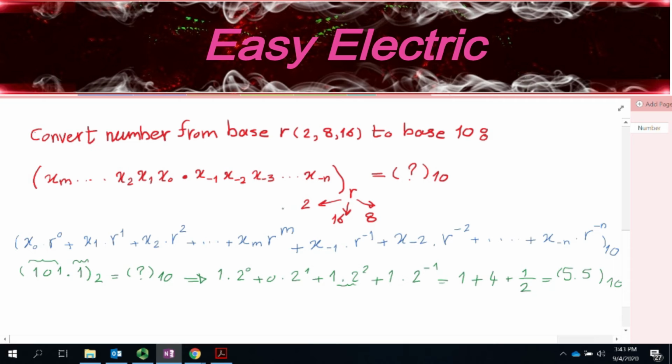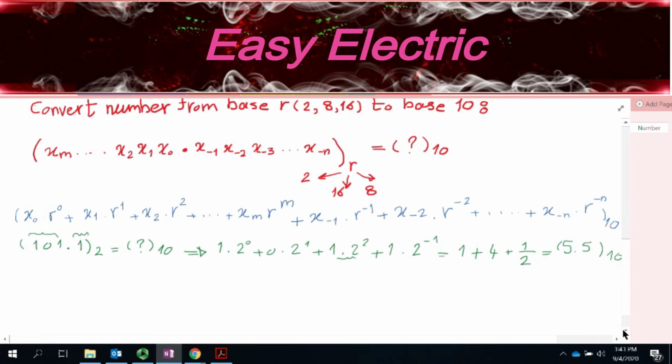Let's have a few more examples. The next example is in base 8: 127.4 in base 8. What is that number in base 10? The same formula applies. Again, first start with the left side of the point.